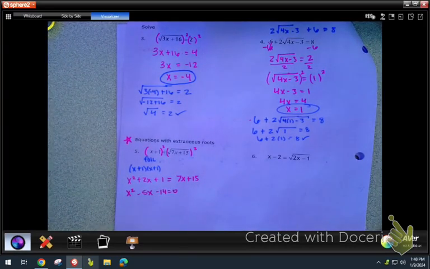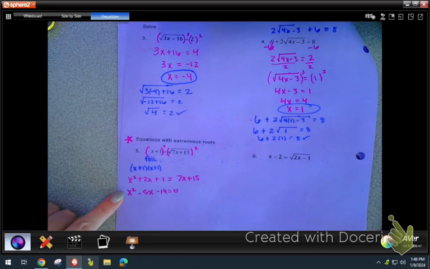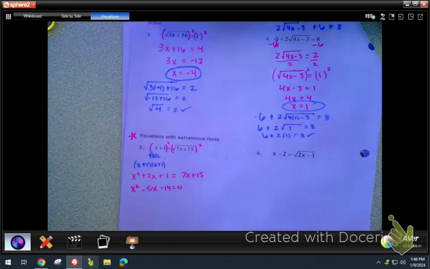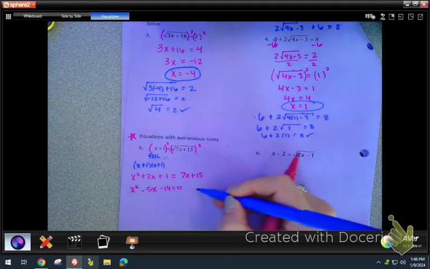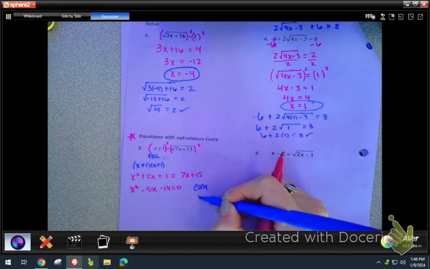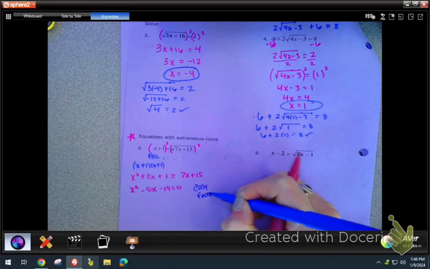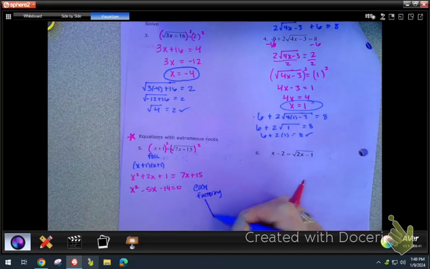Yes? Is this easy factoring? How do you know? Because it's 1x squared. The a value is 1, which means you don't have to group. So you're welcome, okay? But we still have to number puzzle. What are two numbers that multiply to be negative 14 and add to be negative 5? Easy factoring. Let me draw my little number puzzle.